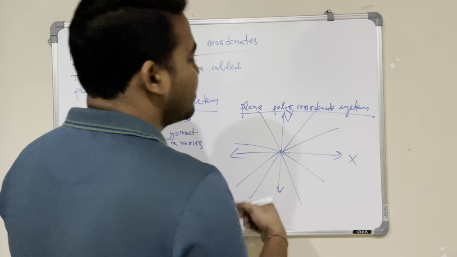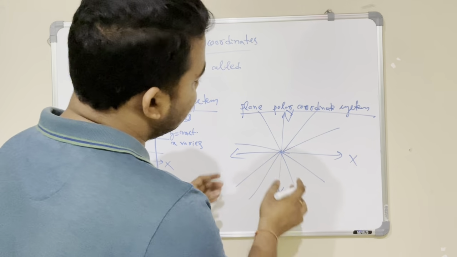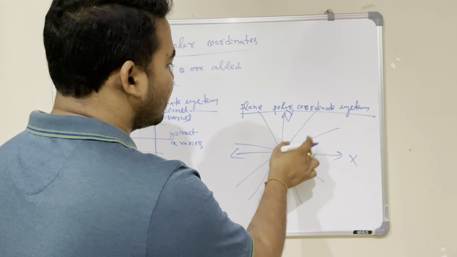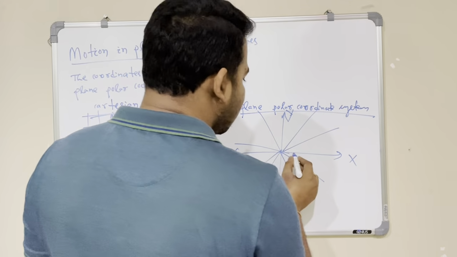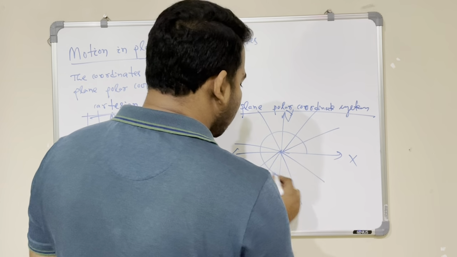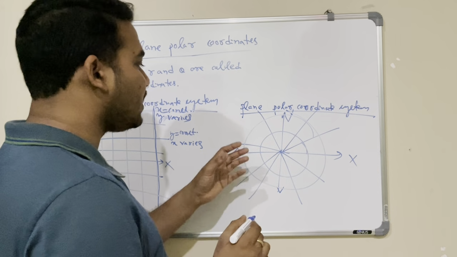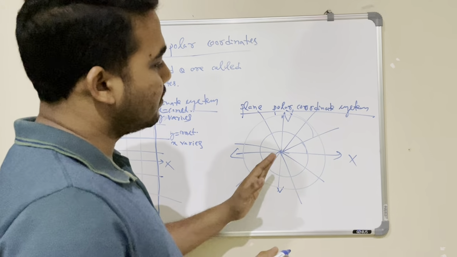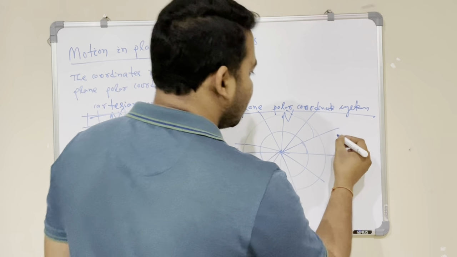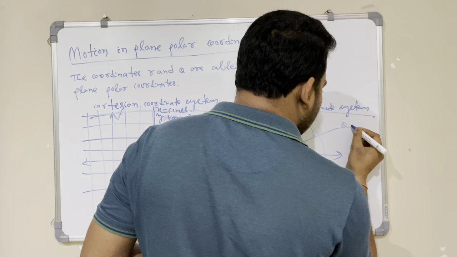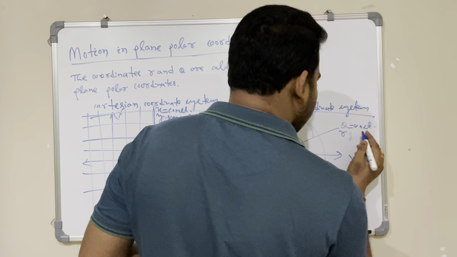The lines of constant theta are straight lines, and lines of r equals constant are circles. The coordinate lines for constant theta are straight lines going radially outward. On these lines theta equals constant, but r varies.